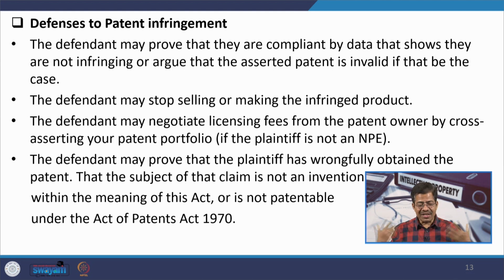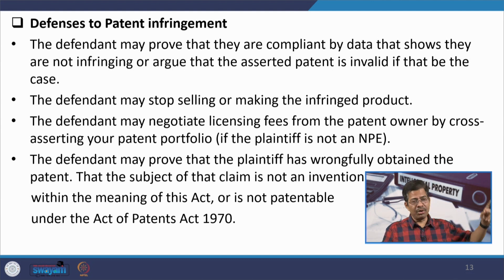So, I have to justify that yes, I am aware of the patent of ABC company, but the technology which I am using, how is it different from the claims which are made in that particular IP, and that is my defense, and therefore, we need to go to the court where it will be proved whether what I am claiming or what the IP owner is saying, who is correct.